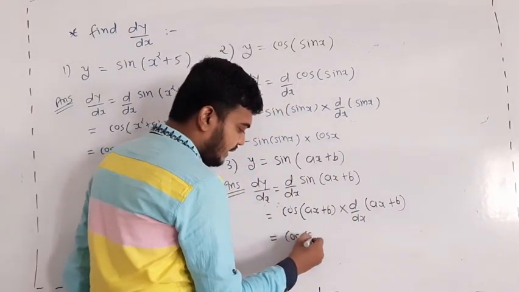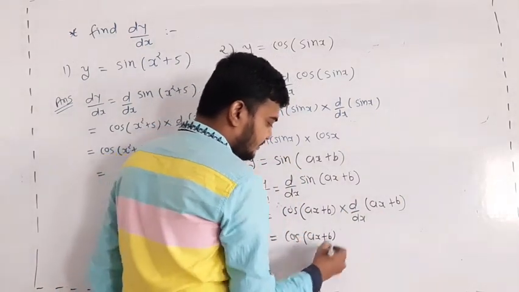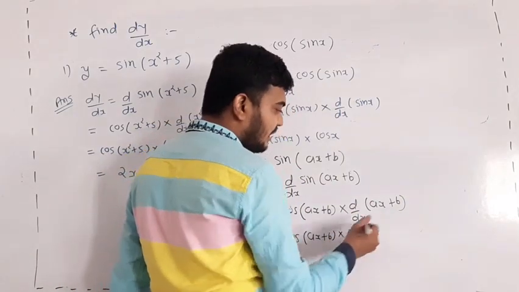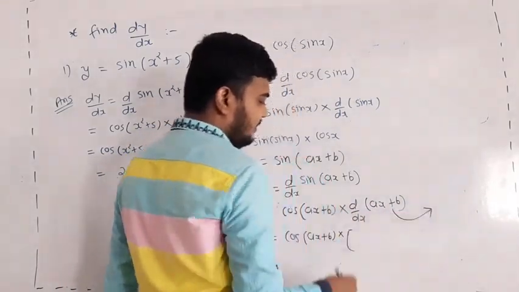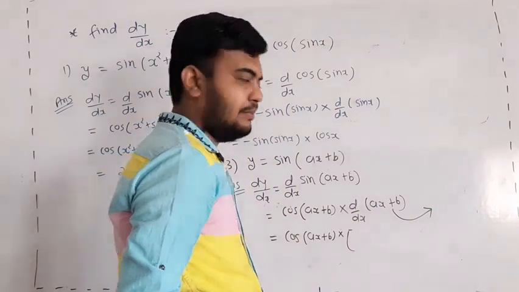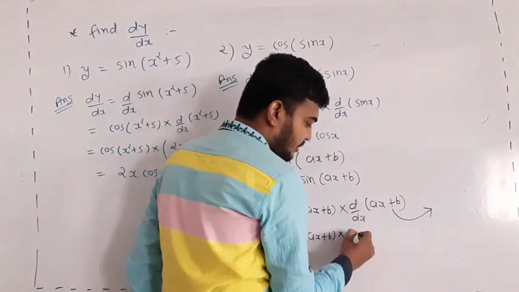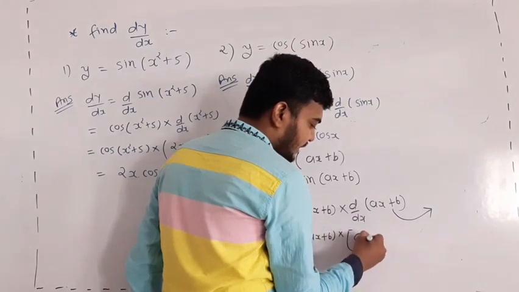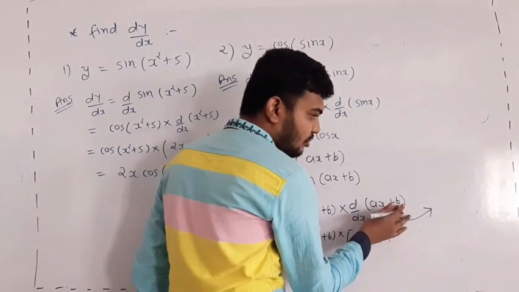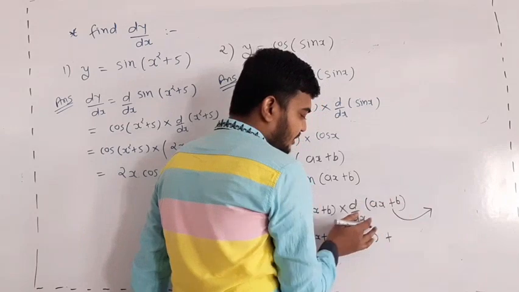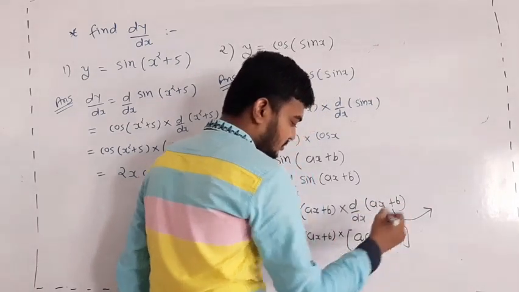So cos of ax plus b as it is, cross, here there is a plus sign, then the derivative separately. So a is in multiplication with x, so a as it is, the derivative of x is 1, plus here b is constant, so the differentiation of a constant term is 0.